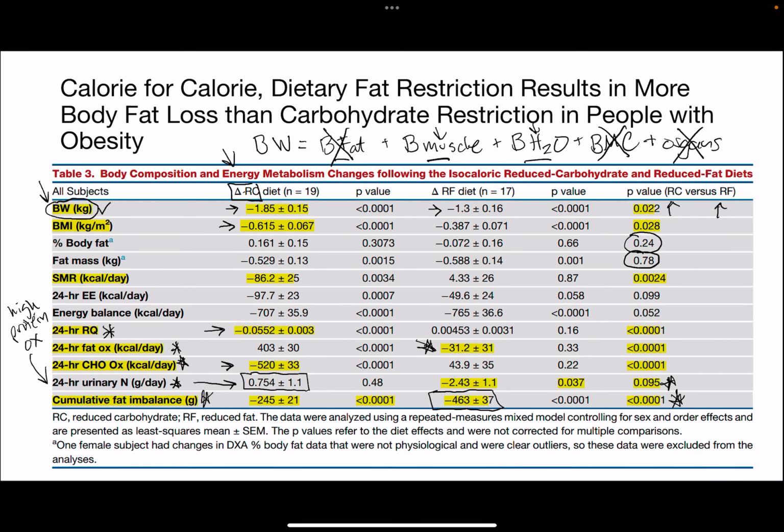So this means that even though people on the reduced carbohydrate diet lost more weight, they didn't lose fat because they're consuming a lot more fat. They're just losing either body water or muscle.